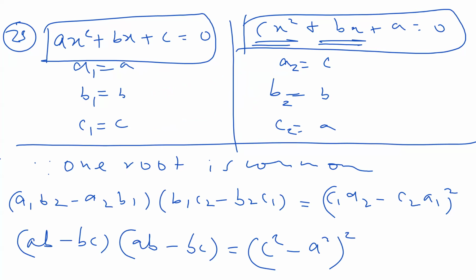Any doubts in this slide? Okay. So this is ab minus bc, the whole square. So ab minus bc the whole square is equal to c square minus a square the whole square.